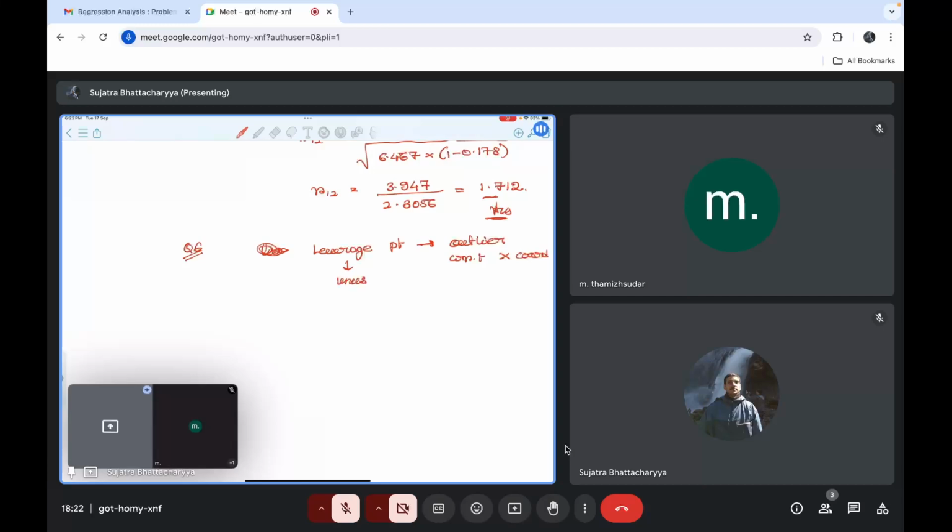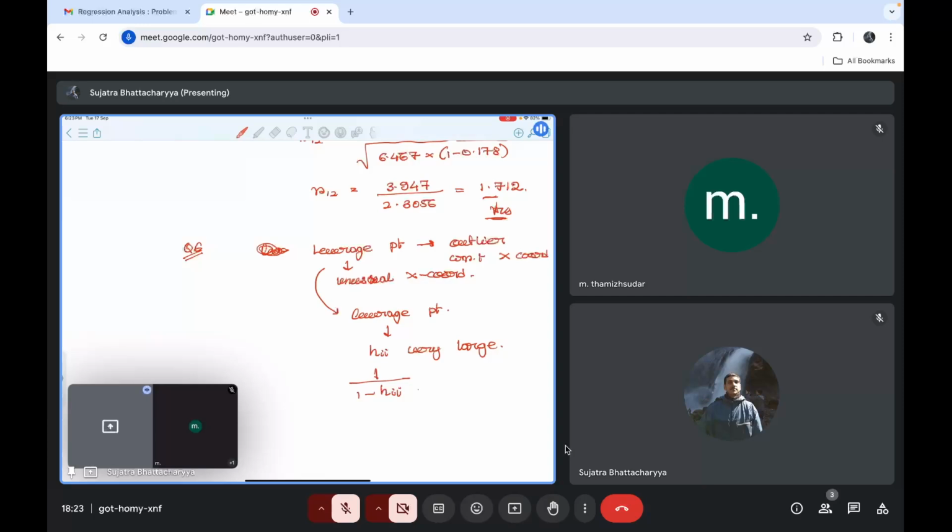We know that this kind of point, a leverage point, is a point where you find that this H_II is very large.